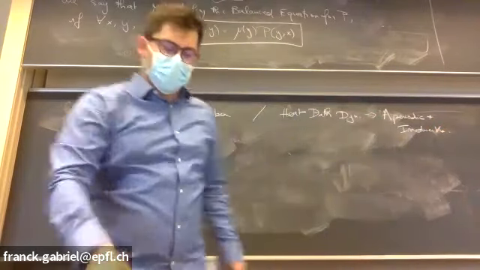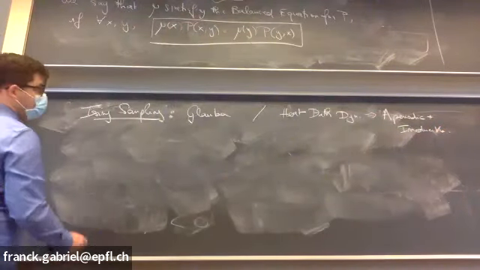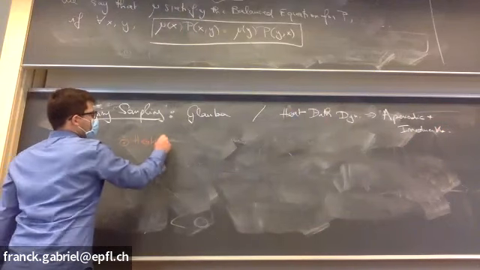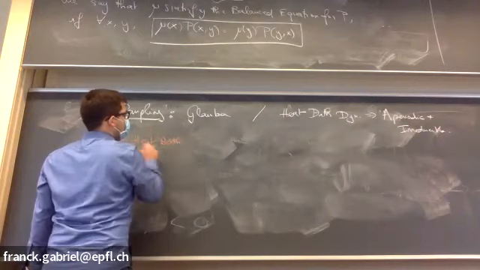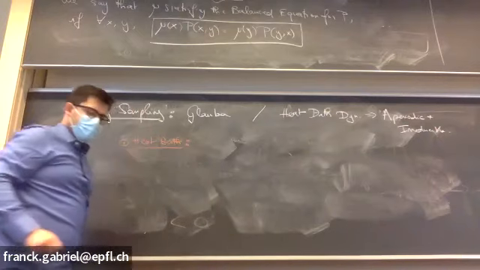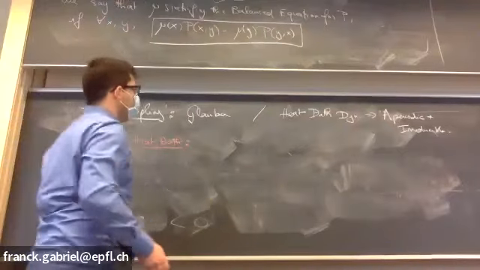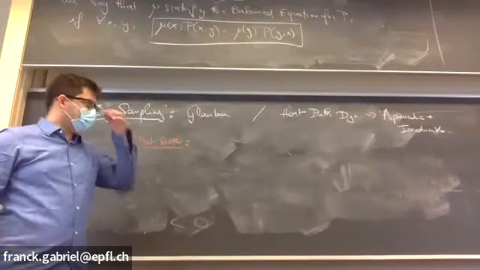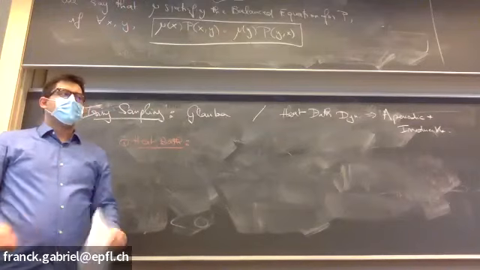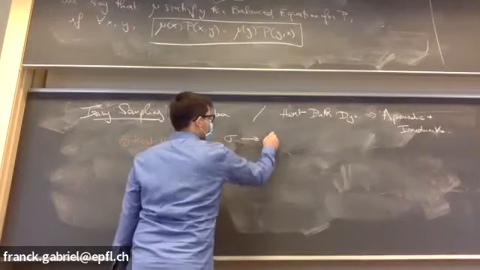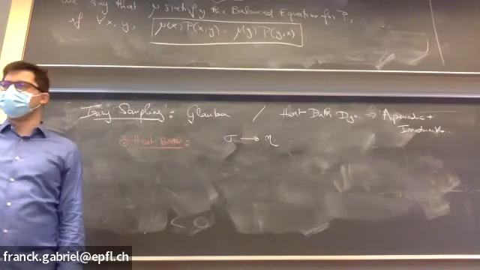So let me give you the hint for, let's say, the heat bath. For the Glauber, there is one little step to be careful about, but it's not complicated to get around this. If I look at the heat bath dynamic, can I go from any configuration sigma to any configuration eta?